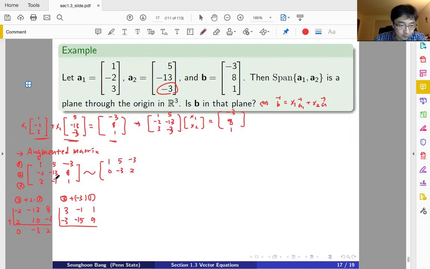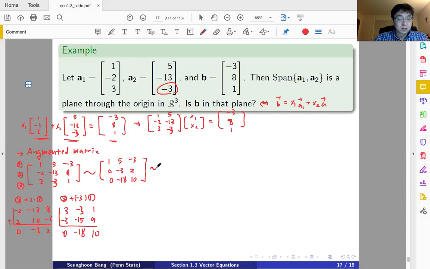Here, 3, negative 3, you add it. This is 0, this is negative 18 and 10. So we have 0, minus 18, and 10.